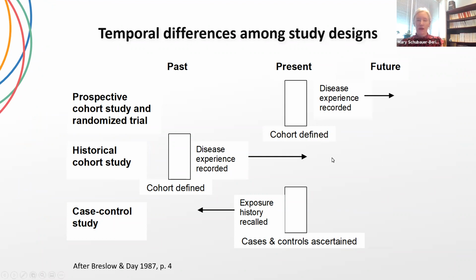In a historical or retrospective cohort study, the cohort is defined at some time in the past, and then disease experience is recorded up until the present. And it can be carried out even into the future, but the time point of constructing the cohort is in the past. In a case control study, cases and controls are ascertained from some source population in the present time, and then the exposure history is recalled.